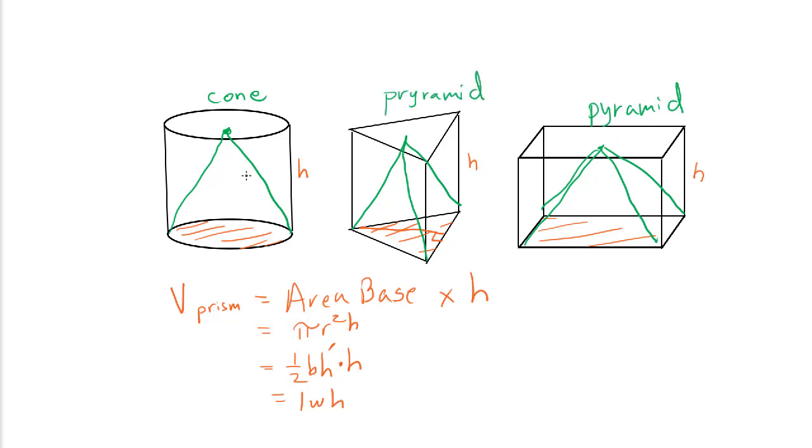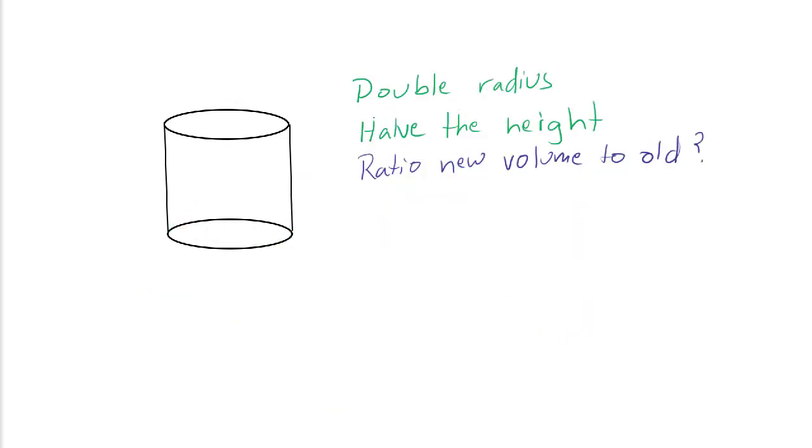It's true that the volumes of each of these cones and pyramids equals 1/3 the volume of your prism. It's that simple. If I have a cylinder of 30 liters, the cone that fits right inside would hold a volume of 10 liters. Let's see a typical example where the scale factors are at work on a three-dimensional shape.